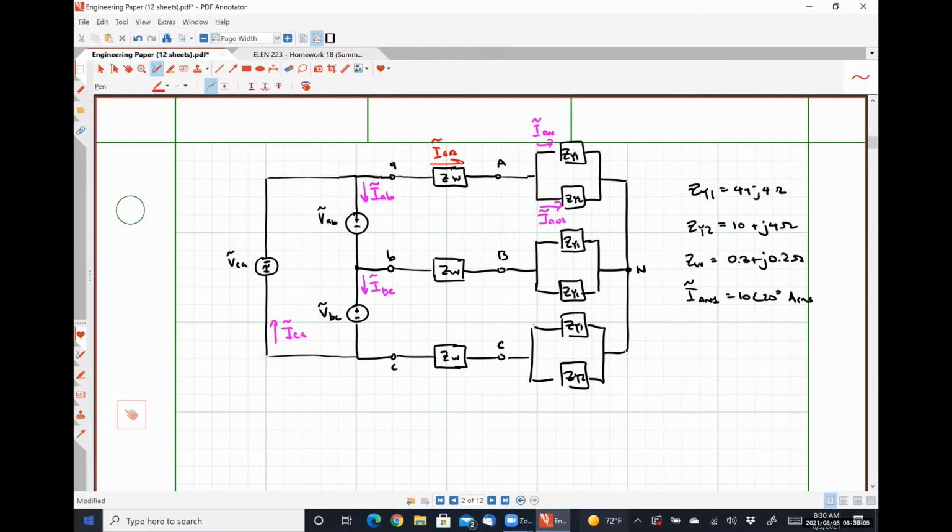And then I think that'll give us enough information to back solve for those delta currents in the source. So at present, we know this guy, right? So how would we go about figuring out what IAN2 is?